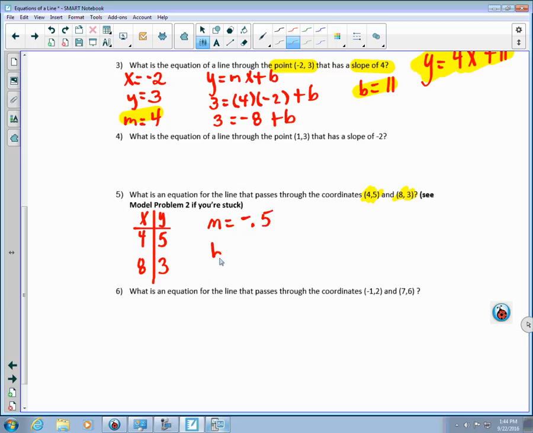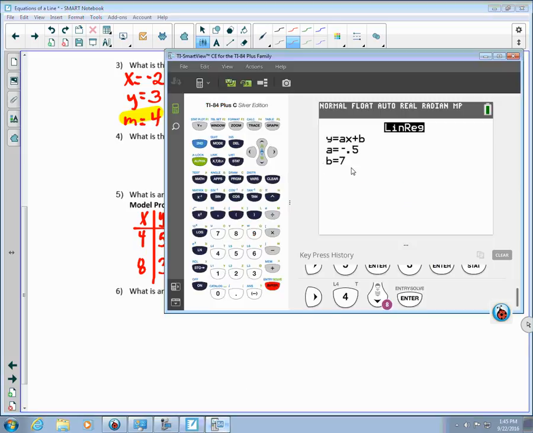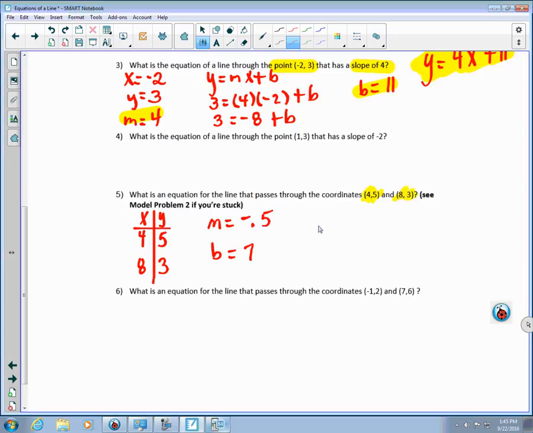I'm going to write it as a fraction. And what was B? B was 7. All right. So Y equals what? No, I'm not going to write it as a decimal. Negative 1/2 X plus 7.